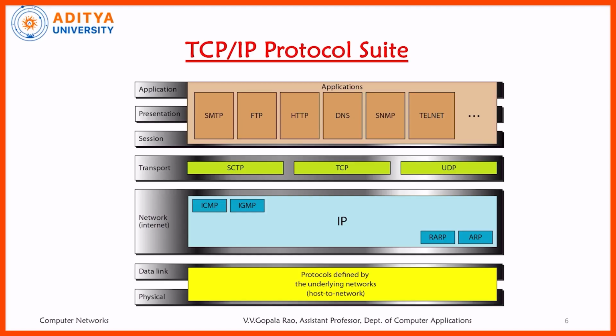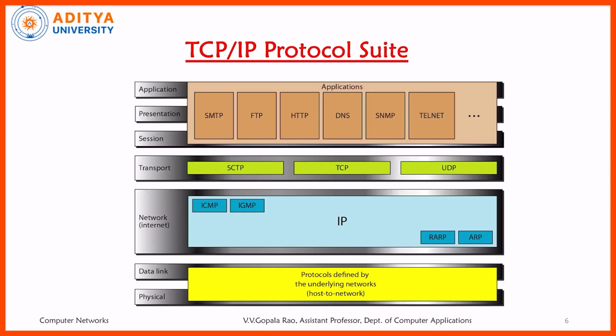In TCP/IP, certain layers are combined. The physical layer and data link layer are combined here, and the network layer remains as it is. The transport layer is there, and the session, presentation and application layers are all combined and finally called the application layer in the TCP/IP protocol suite.